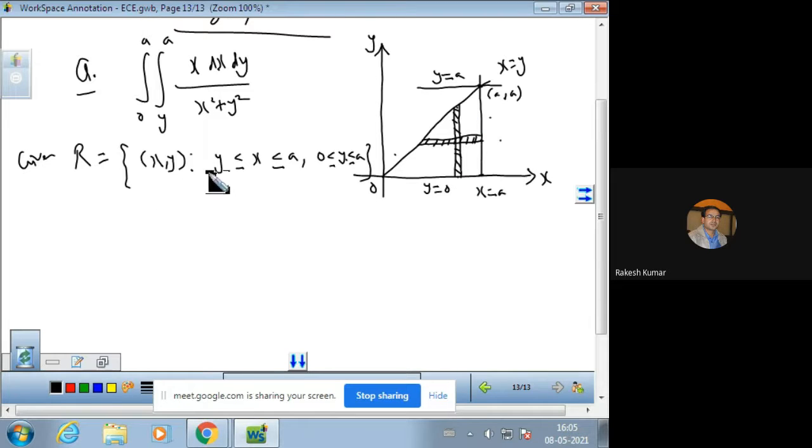This was the given region of integration. In this, we have to evaluate with respect to x first, then with respect to y. But as you know, we have to change the order.